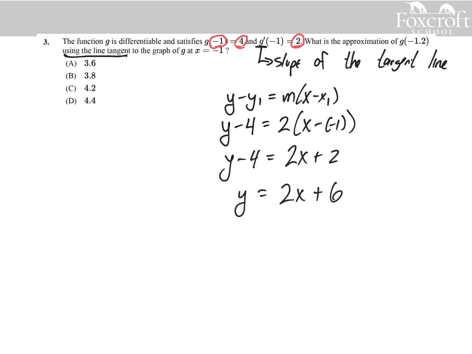Now this is the equation for the tangent line. I just want to know what happens when I plug negative 1.2 into it. Again, I could use the calculator for that. Plus 6, and I get 3.6. So if I'm using that tangent line at the point negative 1, 4, with the slope that's given to me, at the x value negative 1.2, I get 3.6.